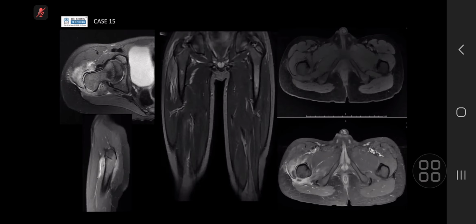Yeah, findings are suggestive of infectious process like osteomyelitis, and this is most likely an aggressive appearance as infectious like osteomyelitis and abscess. Okay, so quick question. If I didn't tell you the inflammatory markers, what would you have thought it was?